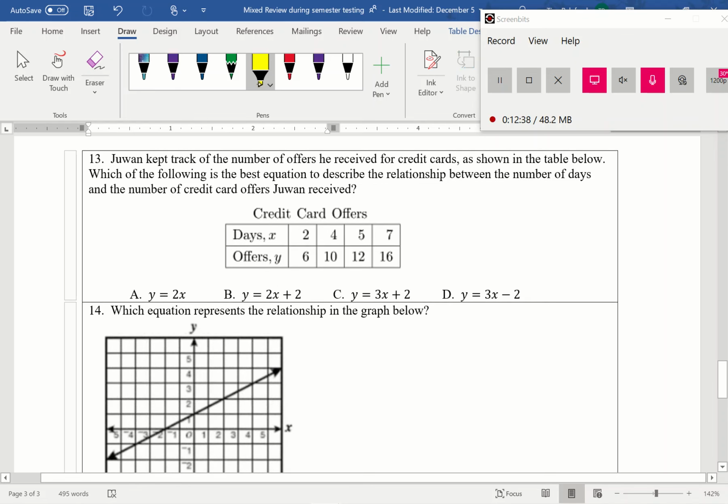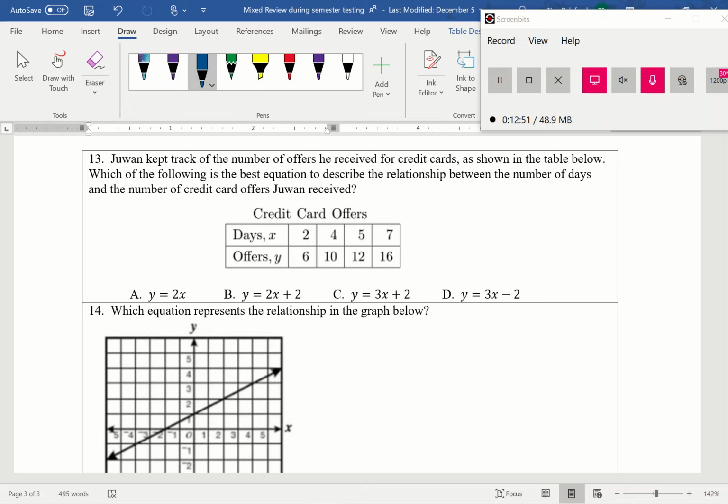Jawan kept track of the number of offers he received for credit cards, as shown in the table below. Which of the following is the best equation to describe the relationship between the number of days and the number of credit card offers Jawan received? Easiest way to do it: take the easiest X and Y and test the easiest equation.